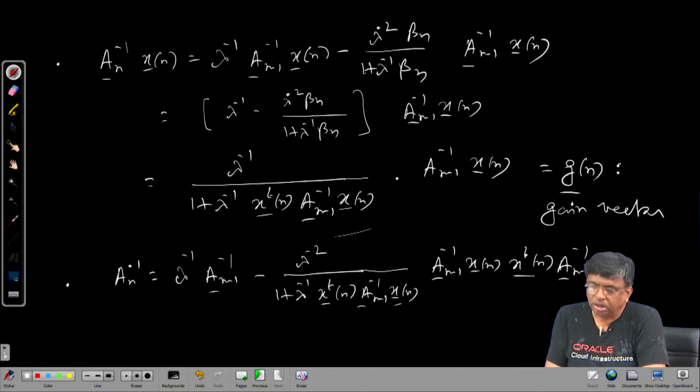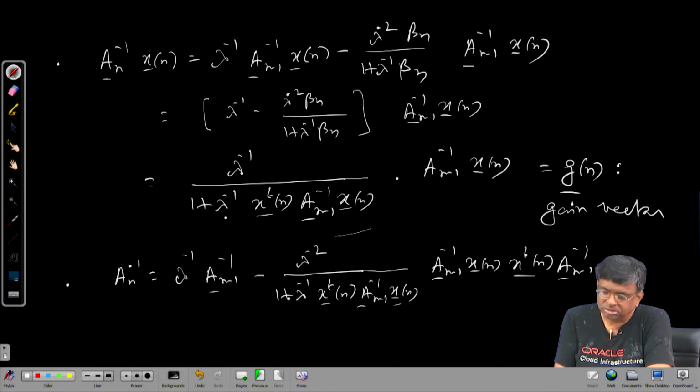This is what we had obtained earlier. Now, look at this part, lambda to the power minus 2, take one lambda inverse out. So, lambda inverse 1 plus lambda inverse x transpose n A n minus 1 inverse x n, same thing here, and A n minus 1 inverse x n, A n minus 1 inverse x n.